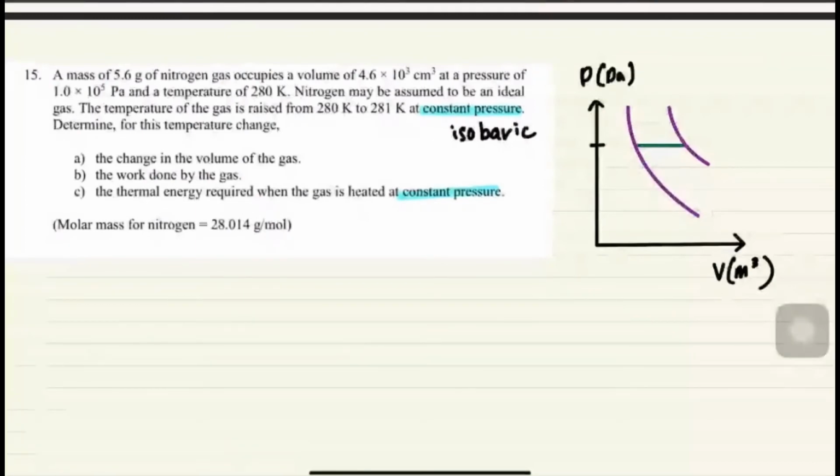So this is your T1, this is your T2. If temperature increases, it must move from T1 to T2. So here the temperature increases, so that would be the direction.